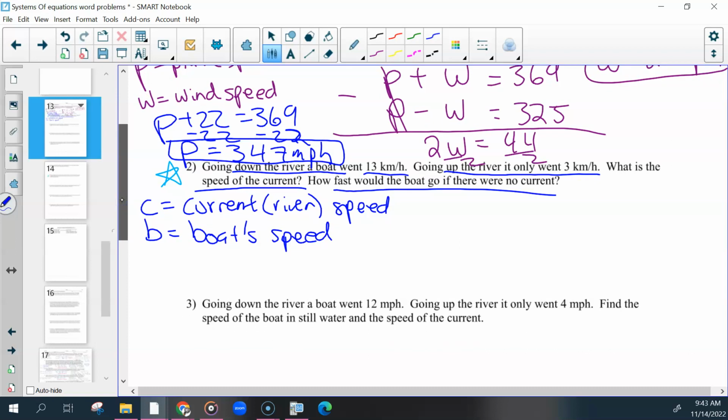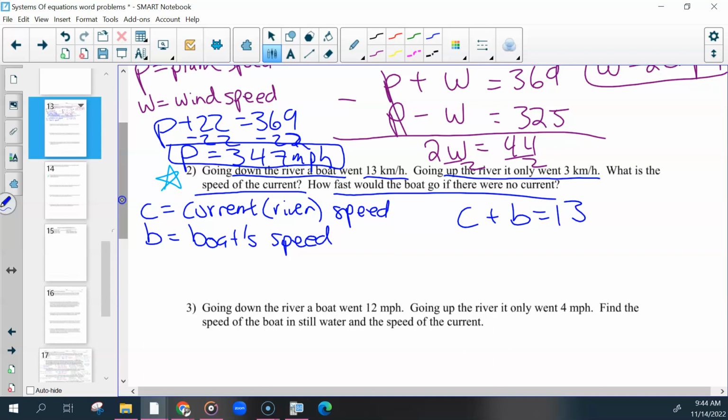Using the previous problem, how would we set up these equations? What do we think? C plus B equals 13.